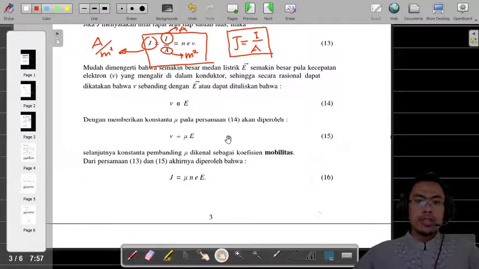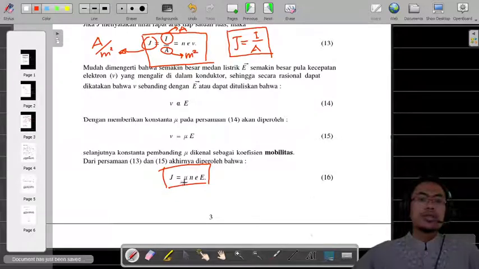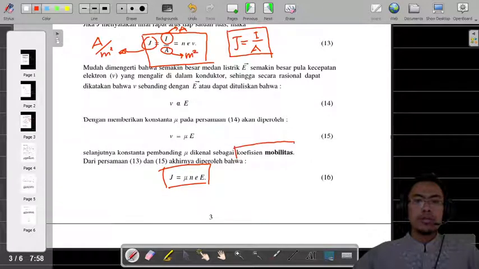Okay, now this one, so this is the electricity density, density of electricity, or density of electric intensity, equals to mu. In this case, mu is coefficient of mobility.